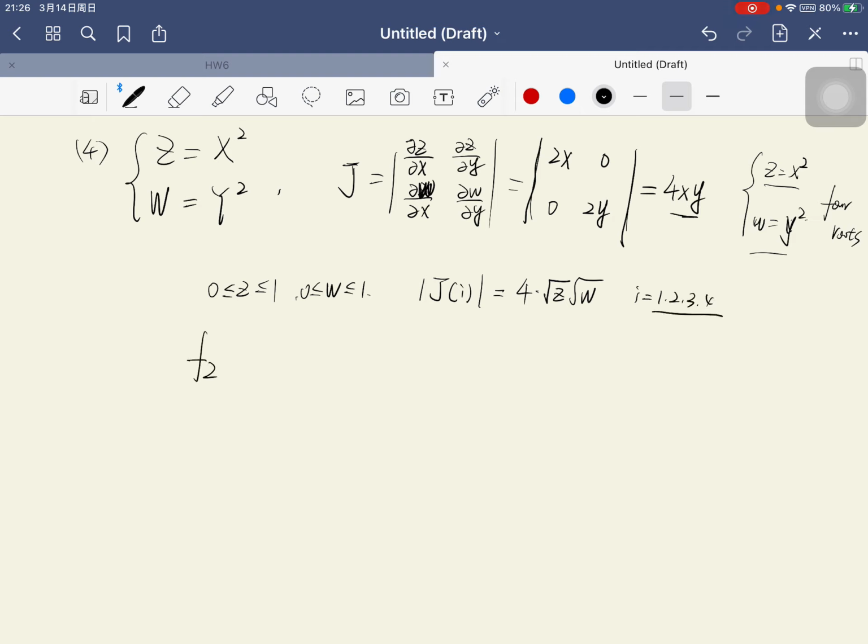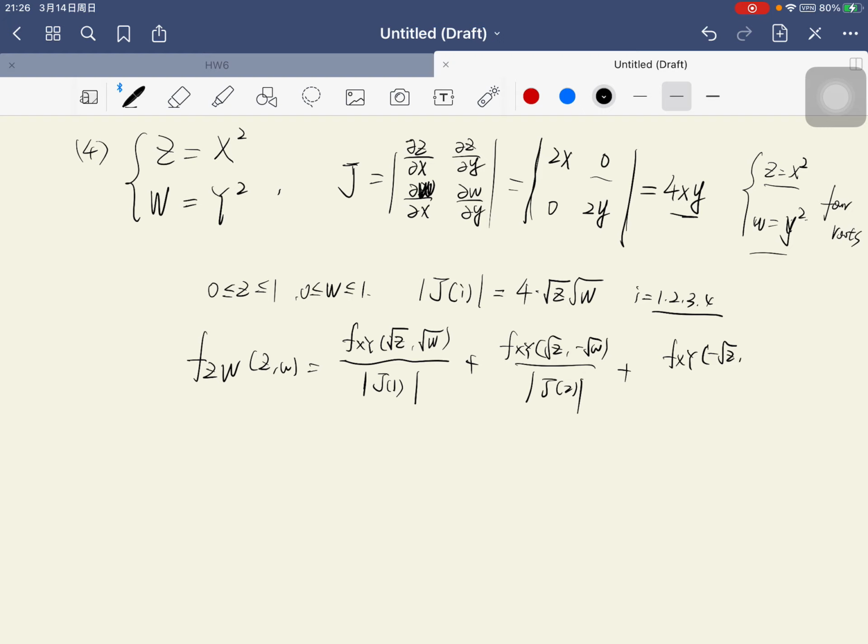So the density function of (Z, W) is equal to the sum of the density function of (X, Y), where x is the square root of z and y is the square root of w, over the absolute value of g1, plus the second root g2, the third root g3, and the fourth root g4.